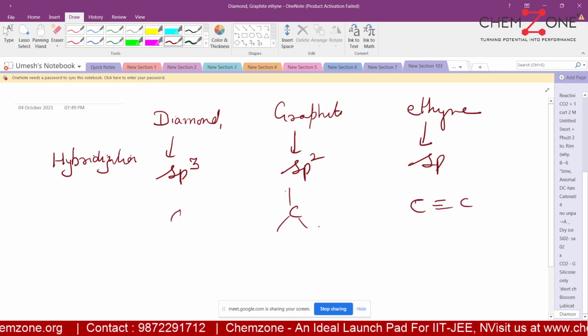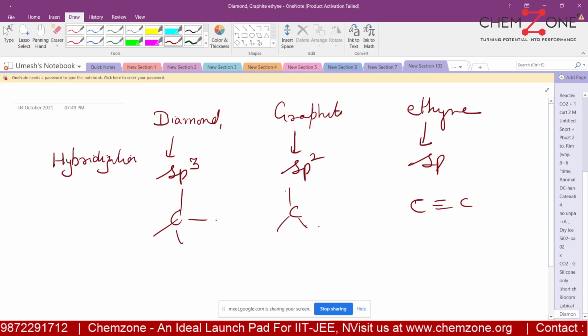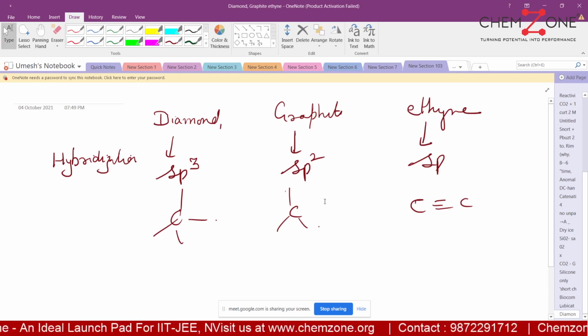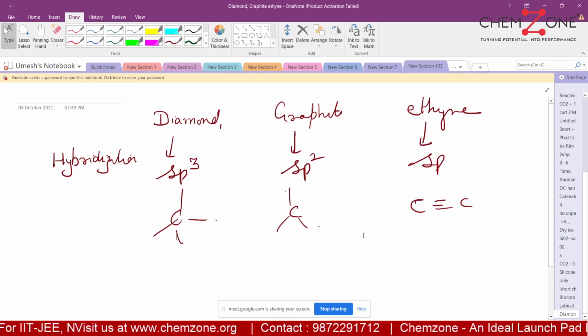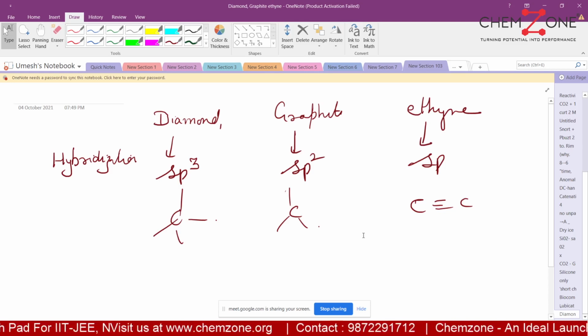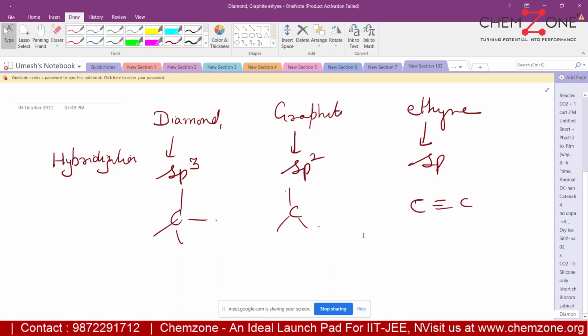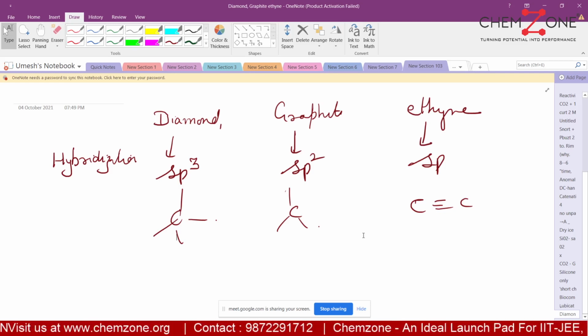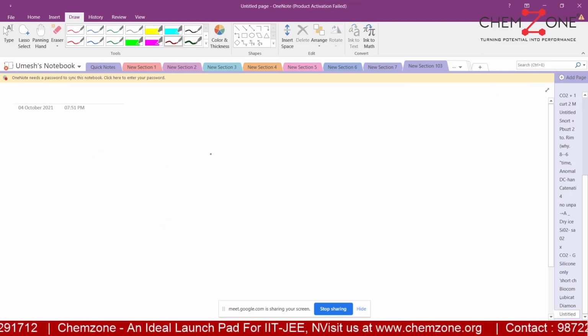In diamond it's tetrahedral, so it is sp3. Okay, note it down.